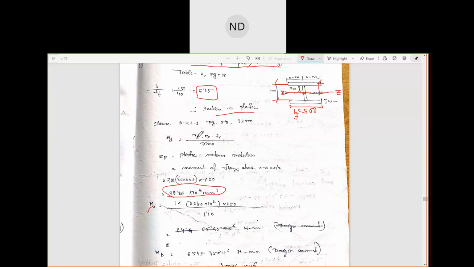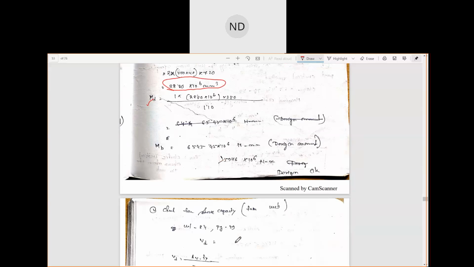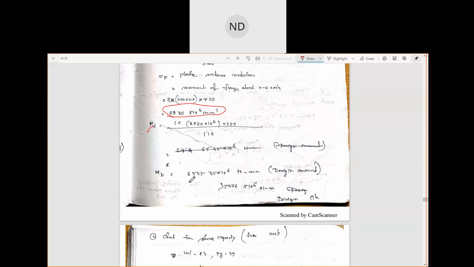Now we can find out the design moment here because we know all the values. Beta B is 1, ZP is this much, this one we have calculated, Fy we know 250, gamma MO we know from table 5. Now we have seen our moment is how much? 654.45 into 10 to the power 6 Newton mm.